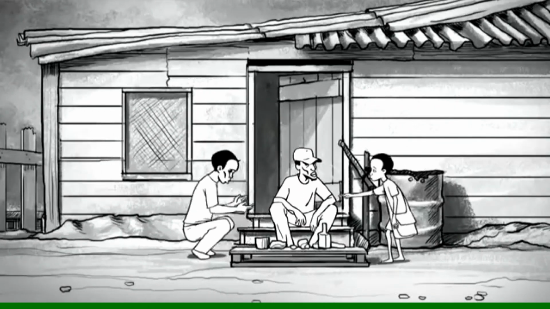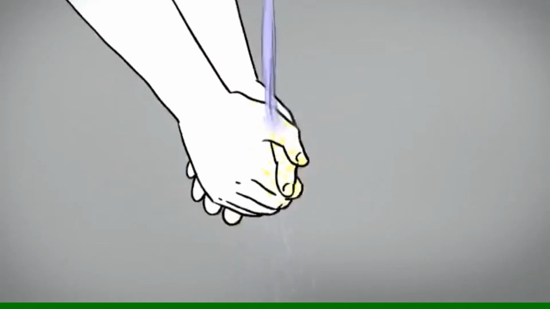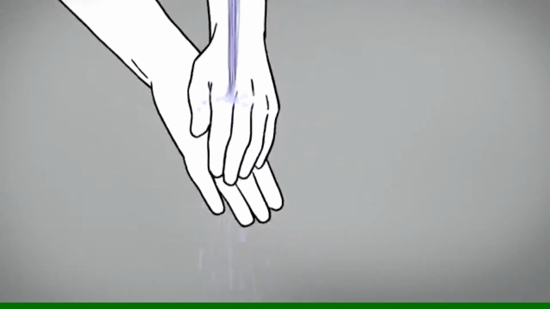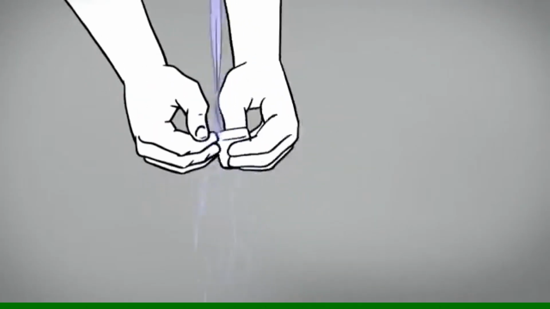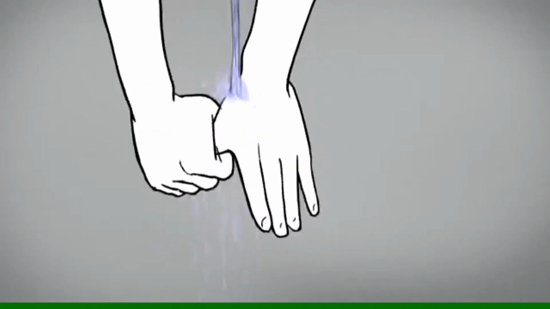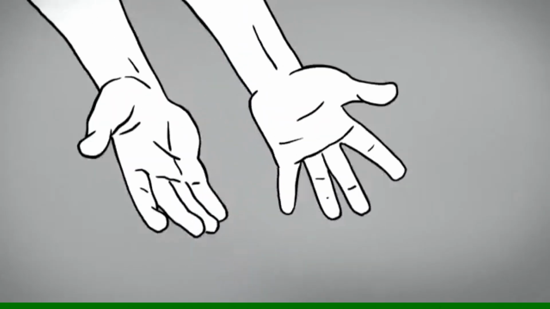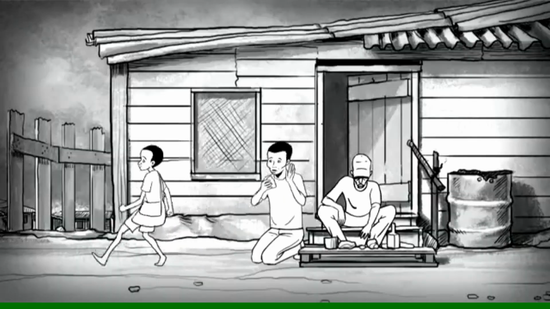There was a man about to eat with unclean hands. I told him to always wash his hands with soap and safe water after going to the toilet. Only with clean hands could he eat safely.